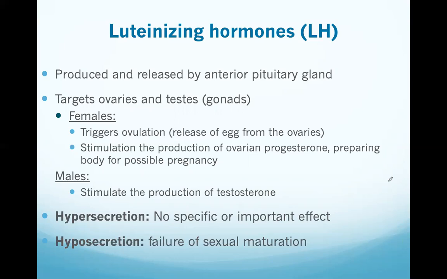It also stimulates the release of the hormone progesterone from the ovaries. The importance of that is that it's preparing your uterus to receive and implant a fertilized egg. So basically it prepares the uterus for a possible pregnancy.